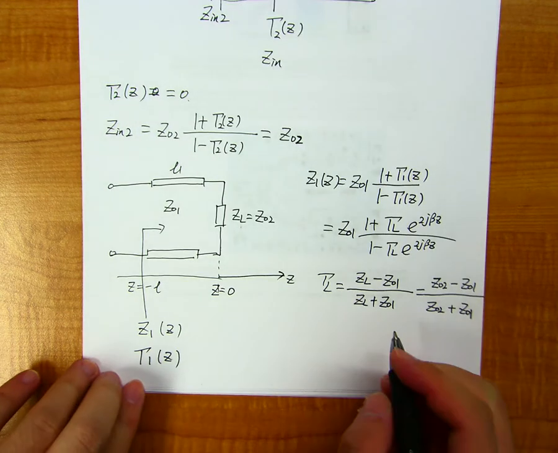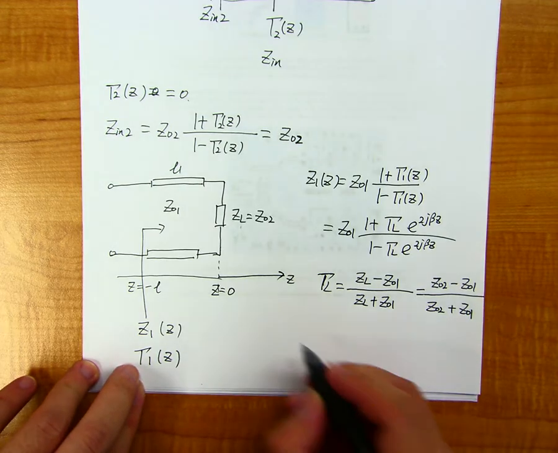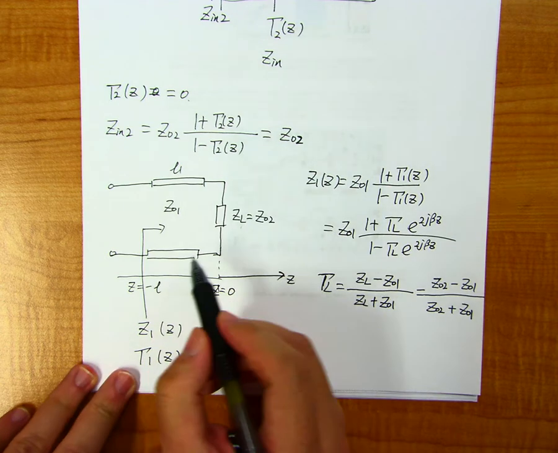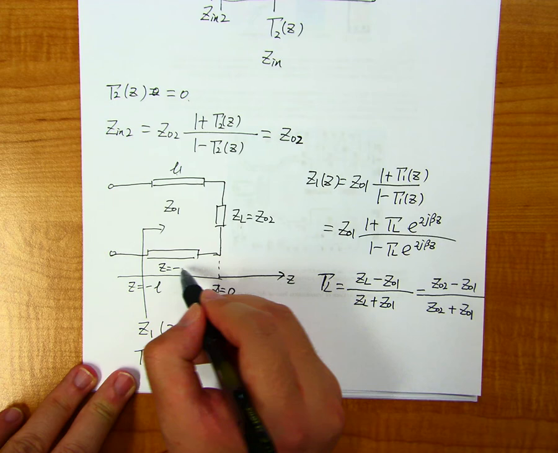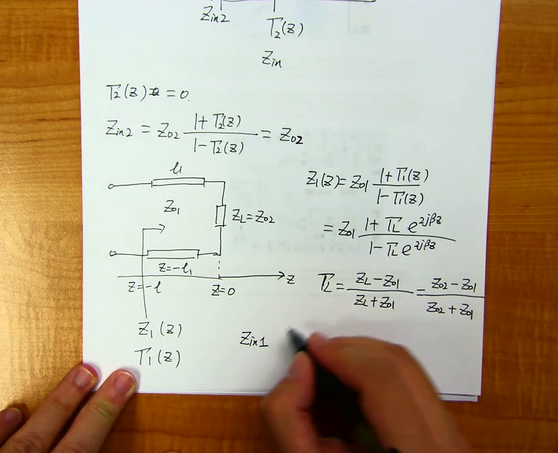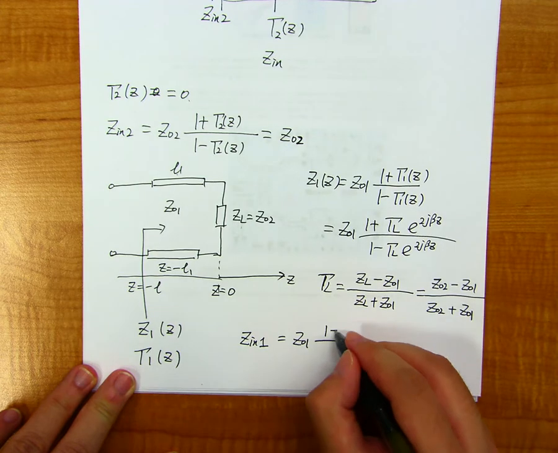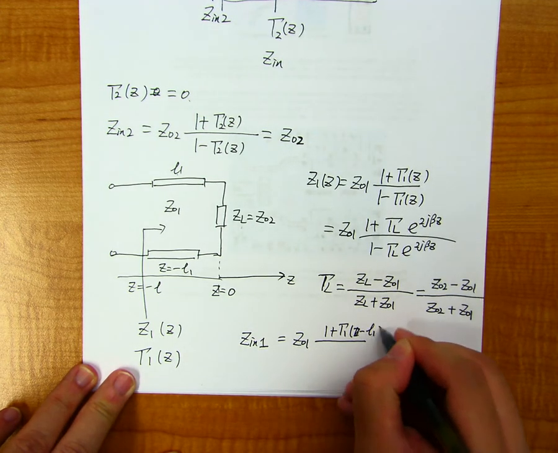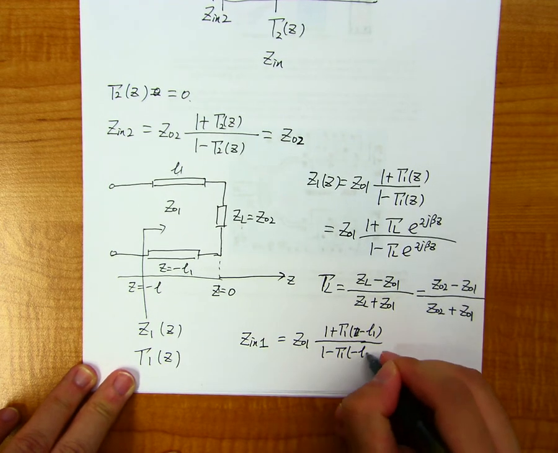And we can find Z in 1 at z equals negative L1, it's equal to Z01 times (1 plus gamma 1 of negative L1) over (1 minus gamma 1 of negative L1).